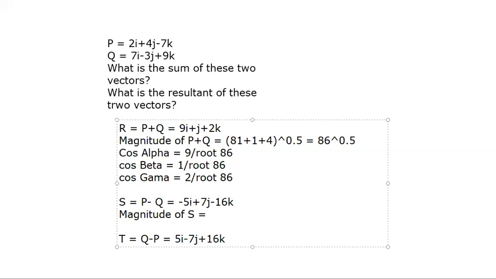Very good. So see, the magnitude will be the same, right? The magnitude of T is the same as S. Only the cosine angles will change. Understood? Okay, again root 330. Very good.